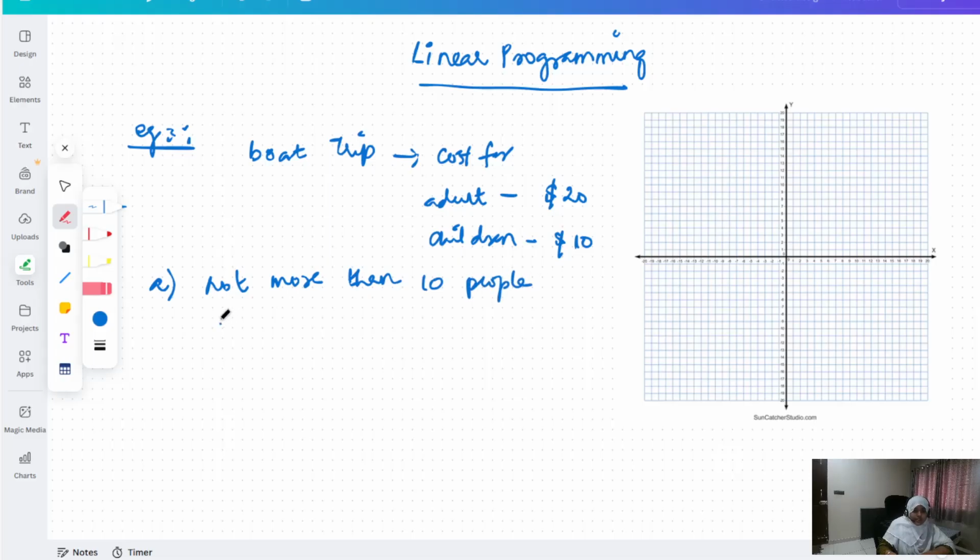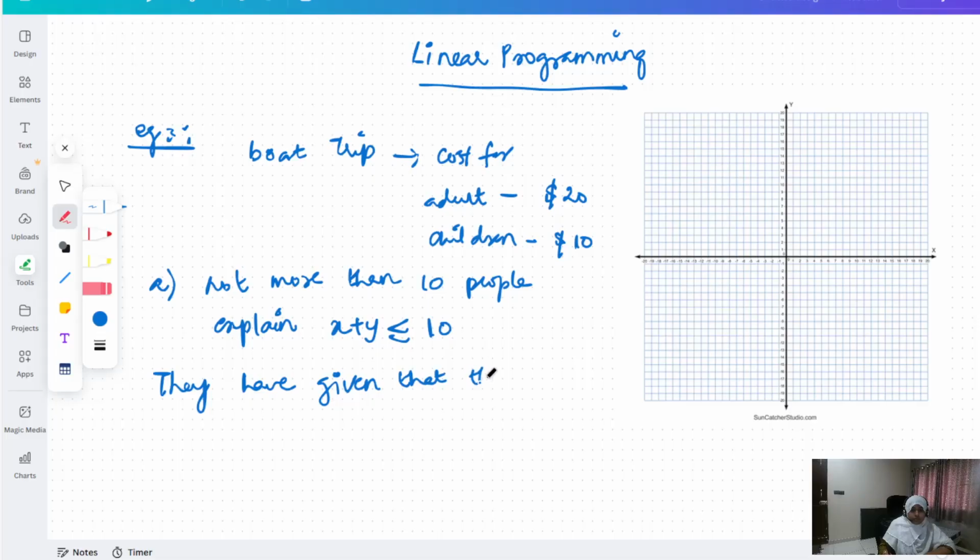And you have to explain why X plus Y is less than or equal to 10. All right, so this is obvious. They have given that there are 10 people in the trip, right? So what does that exactly mean?